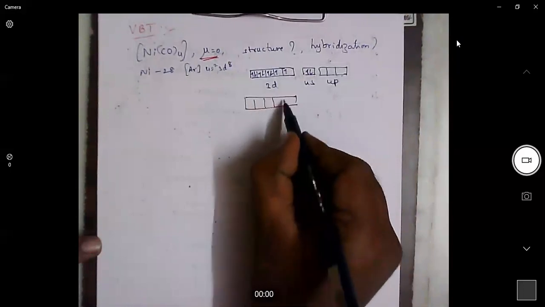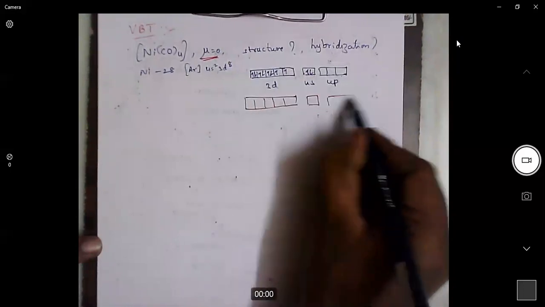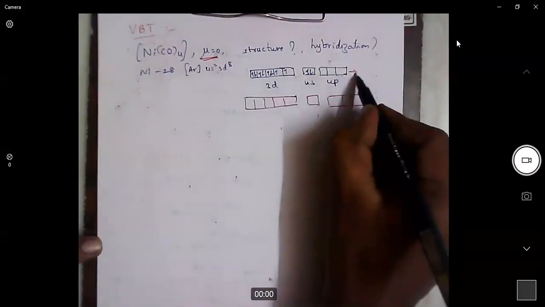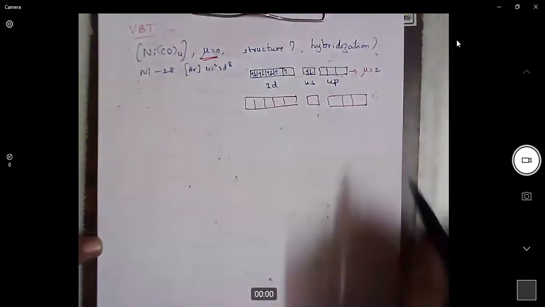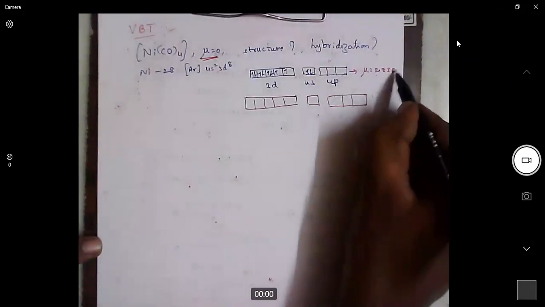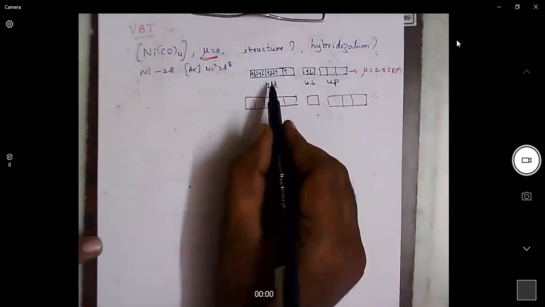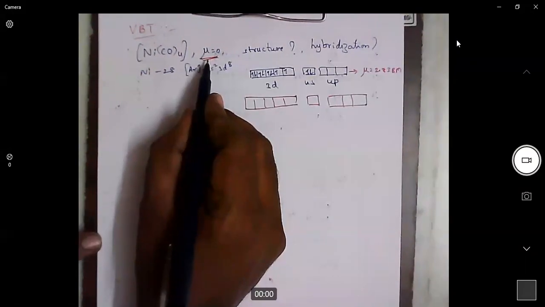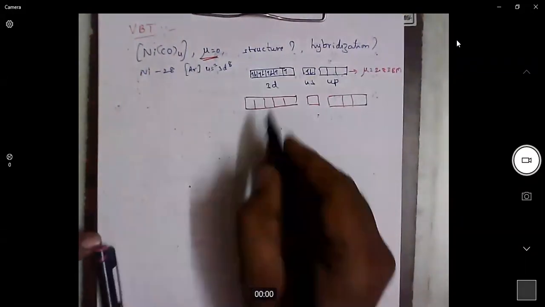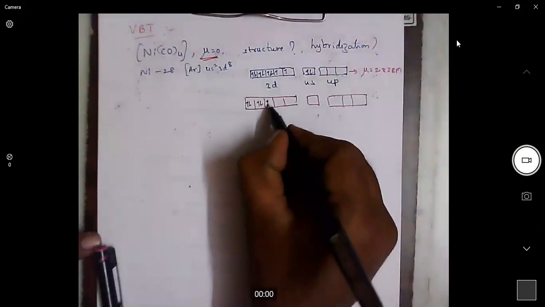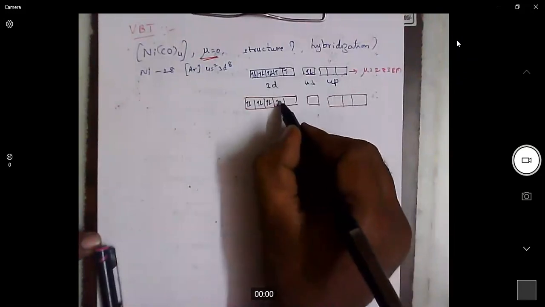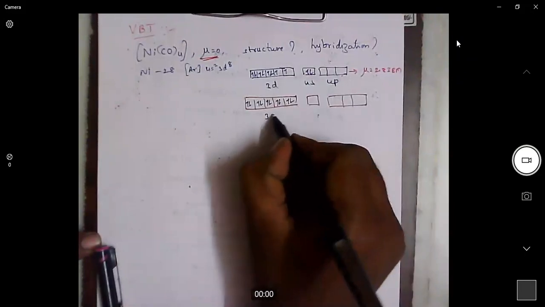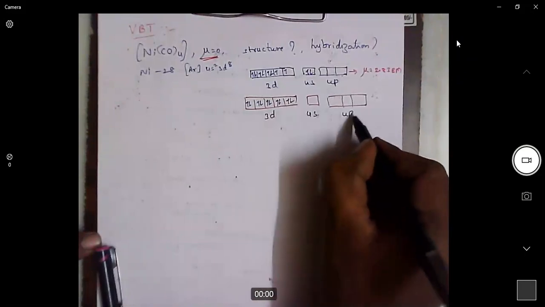If this were the electronic configuration in the complex also, then we would get a magnetic moment of 2.83 Bohr magnetons, because there are two unpaired electrons, but the magnetic moment was given as 0. So we need to rearrange the electronic configuration. How? Here the two electrons in 4s will be forced to pair up in 3d, then 4s0, 4p0.